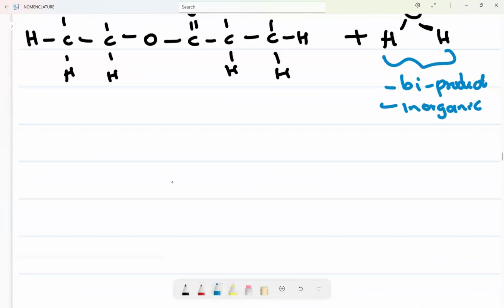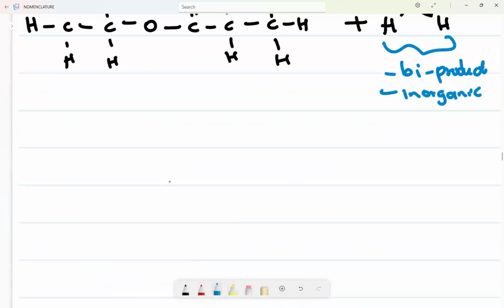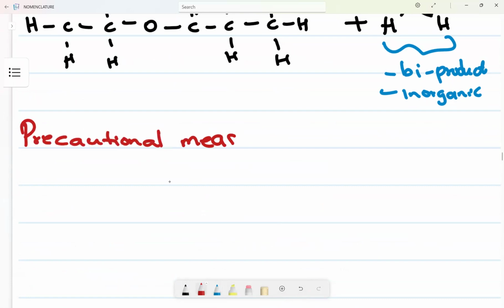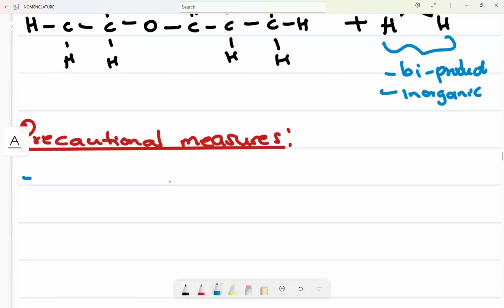Now, precautionary measures. What do we need to do during the experiment? We should avoid open flames.